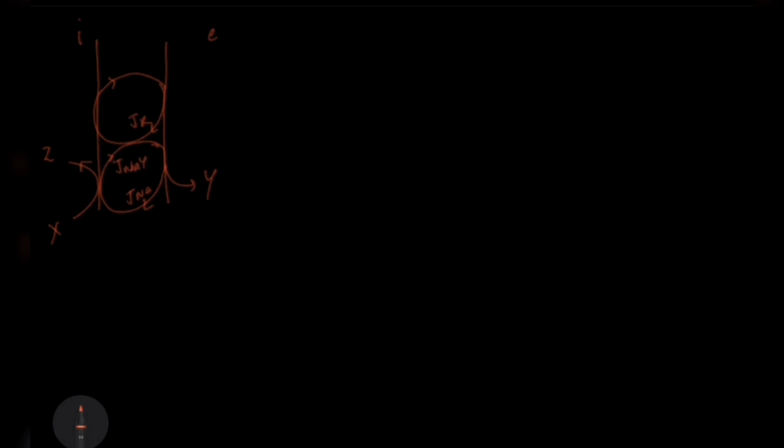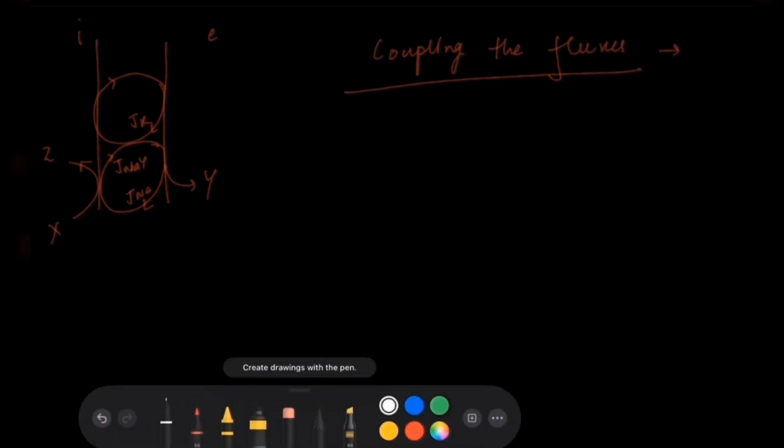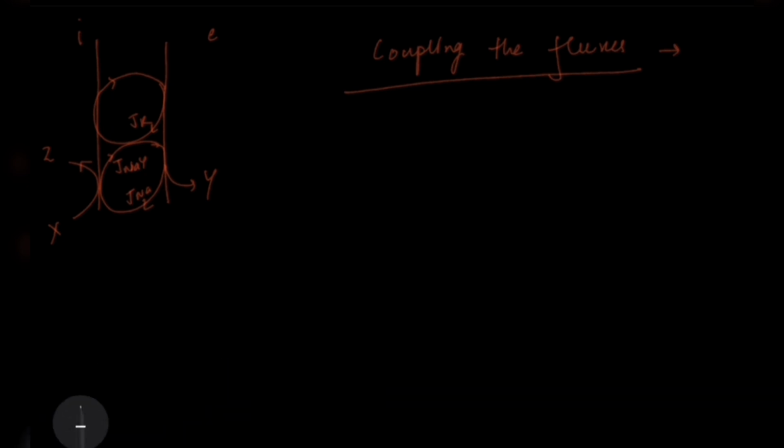Here JNA and JK are the passive fluxes, and the coupling of fluxes is shown here, how it works. By a whole lot of equations we derive that Ci and Ce are the dimensionless concentrations of the ion inside and outside of the cell, referred to the molar concentration of water in the corresponding volume.